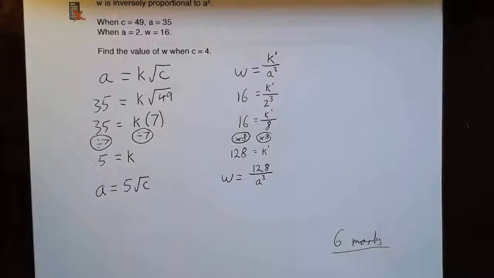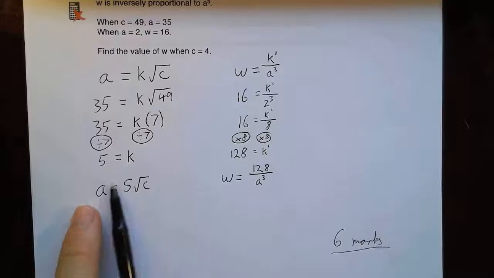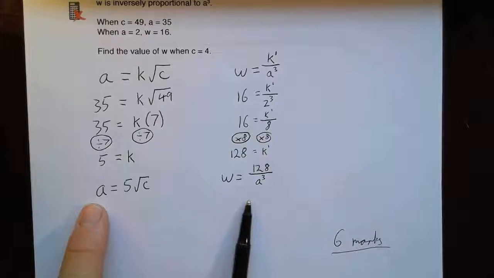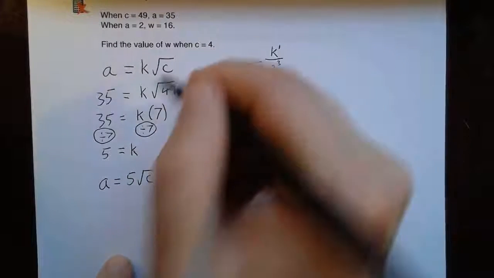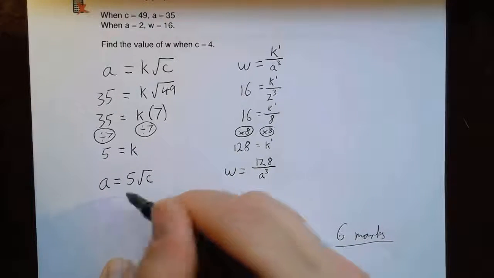It's asking me to find the value of W when C equals 4. So I'm going to put the C equals 4 into here to work out the A value, and then put that A into here. So that's my plan.